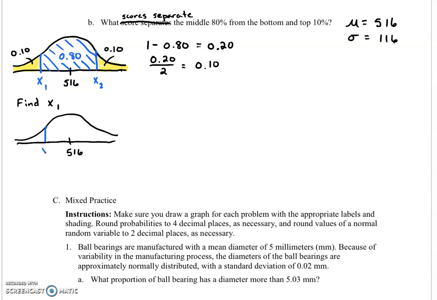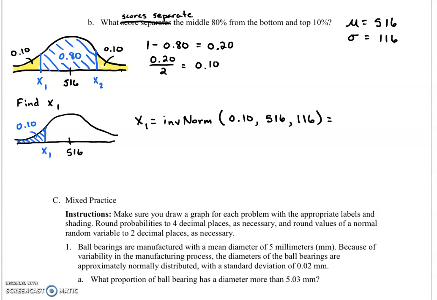And we put x1, and we know that the area to the left of it, so this little piece, is 10%. So all we have to do is use the inverse norm. Remember, when the calculator asks for area, it wants area to the left. So that's 0.10. The mean is 516. The standard deviation is 116.